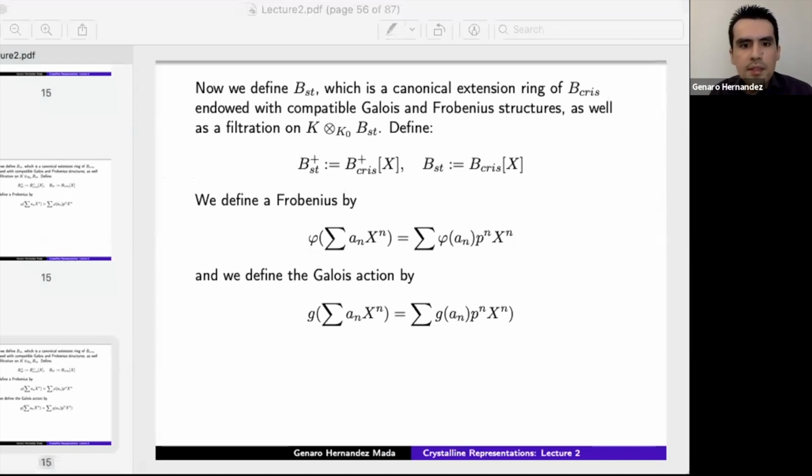Sorry, I didn't write it correctly. I don't know what happened here. I think it was a copy paste. The Galois action is not like that. Give me a second, I will write it with my hand.